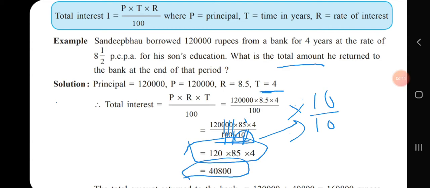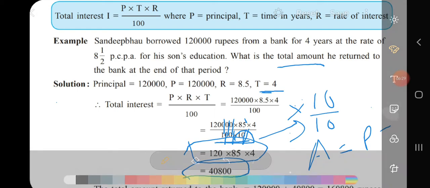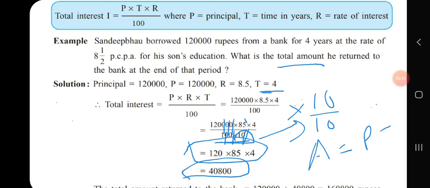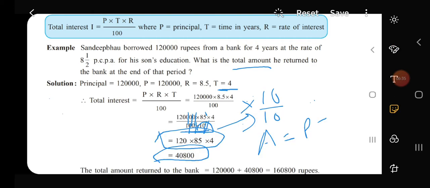So Sandeep Babu has to give interest of 40,800 after a period of 4 years, and if we see the total amount, then he has to return amount A is equal to P plus I. So that will be 1,20,000 plus 40,800, that will be 1,60,800 rupees.